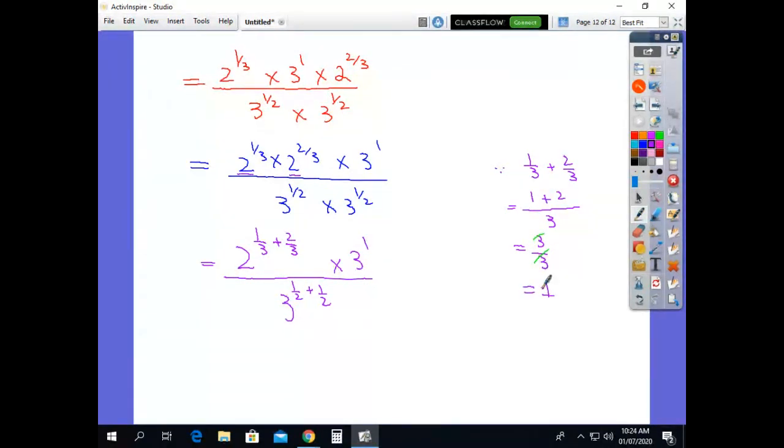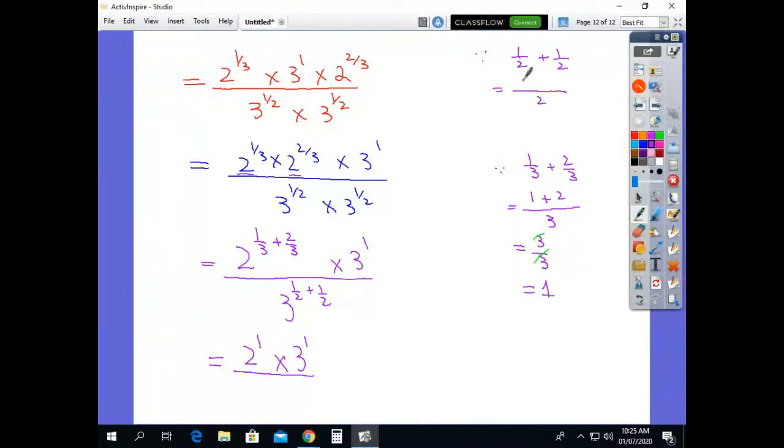After cancellation it becomes 1. Therefore, instead of writing 2 raised to power 1 by 3 plus 2 by 3, we write only 1 into 3 raised to power 1 in divided form. When we take the LCM of 1 by 2, 1 by 2, or simply we know that half and half becomes 1.